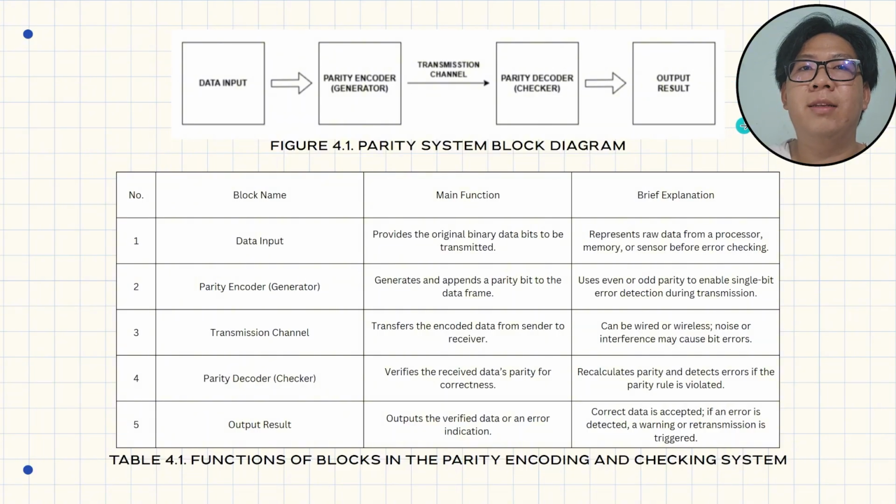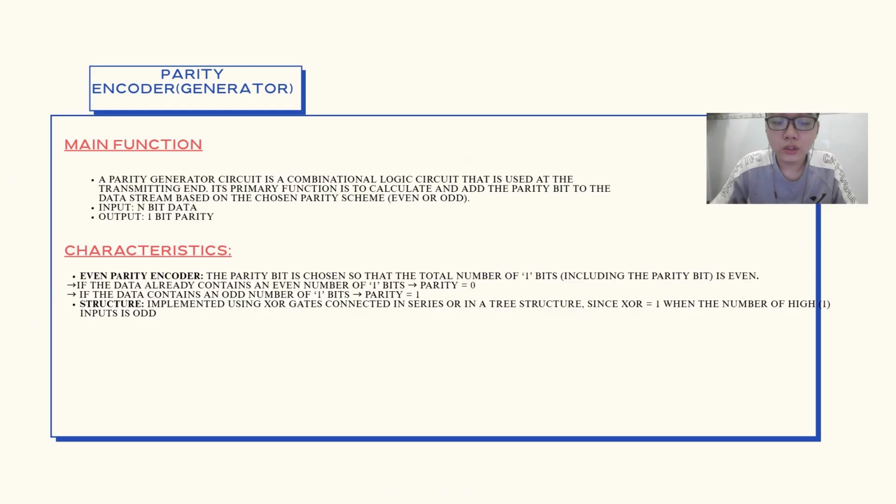data communication. Now, let's take a closer look at the component responsible for generating the parity bit, the parity encoder. We can say parity generators. The parity encoder or generator is located at the transmitter side. It receives a set of data bits, computes the parity using its XOR gates, and appends the resulting parity bit to the data frame.